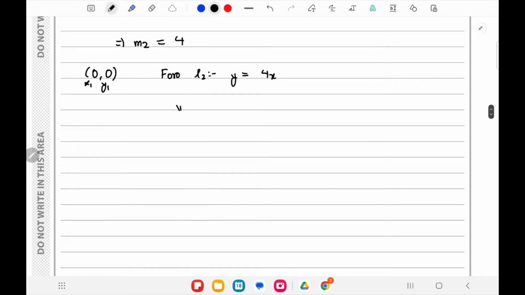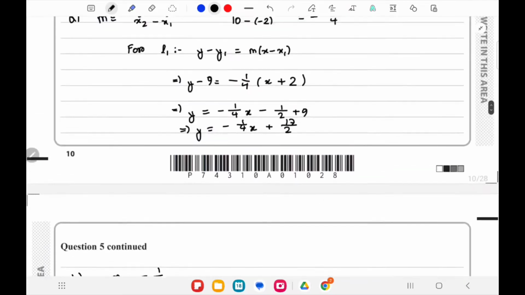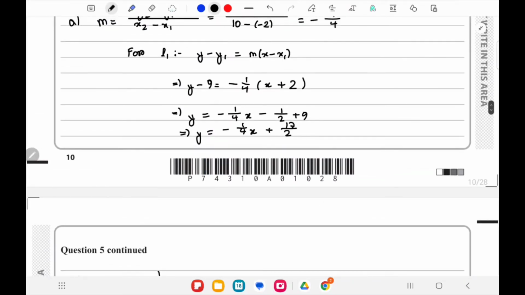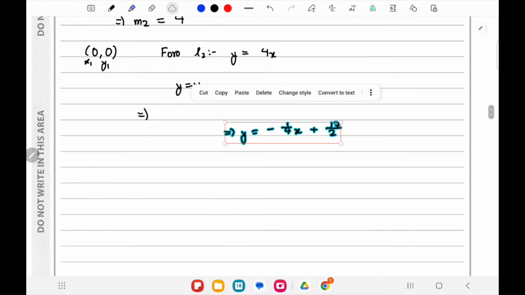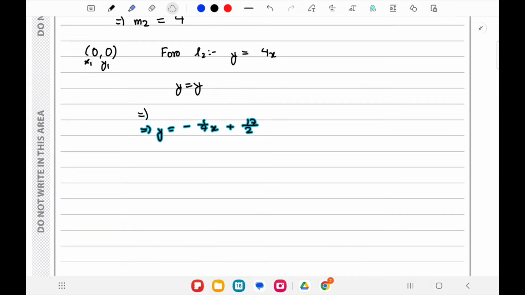So we'll have to set y equal to y. So we'll get the equation of this equals 4x. This would be equal to 4x.